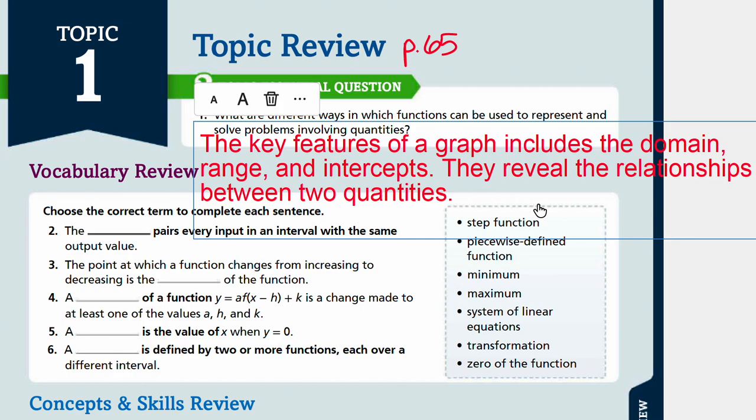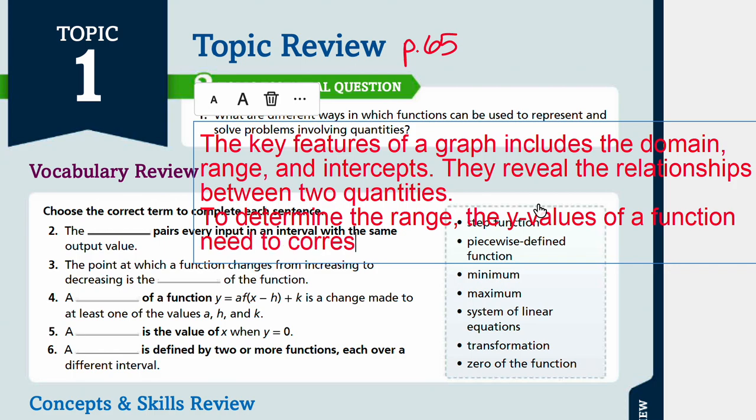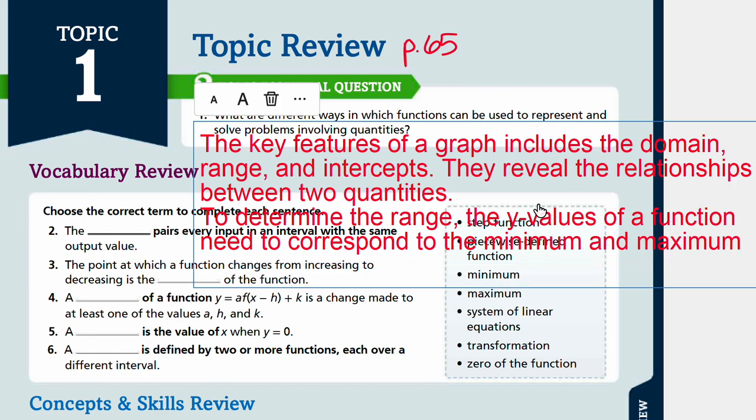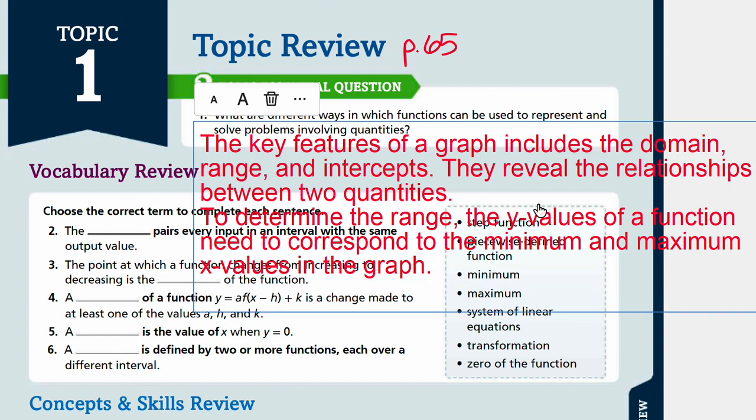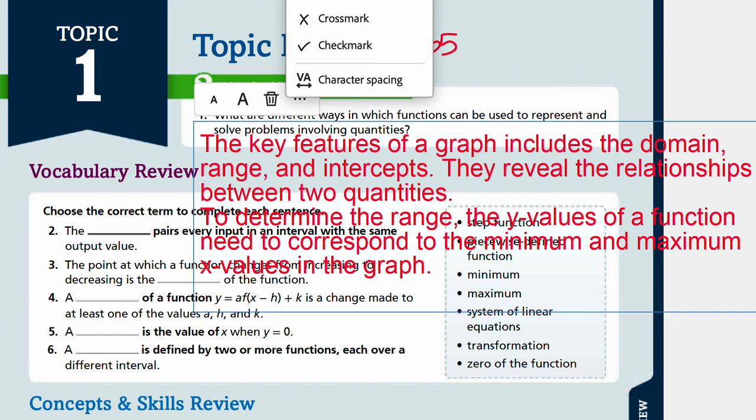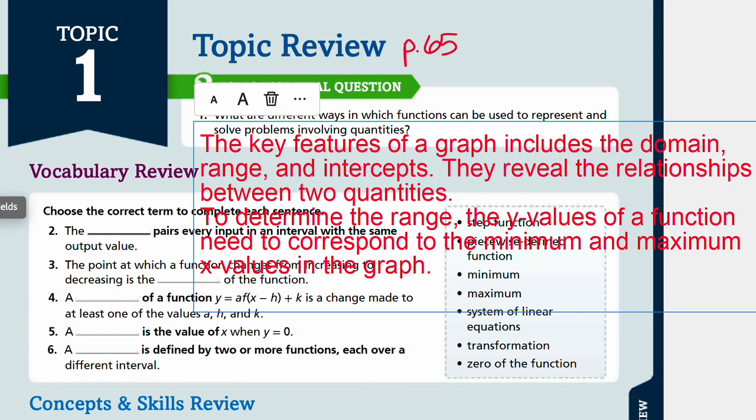I'm gonna keep writing. To determine the range, the y values of a function need to correspond to the minimum and maximum x values in the graph. Okay.